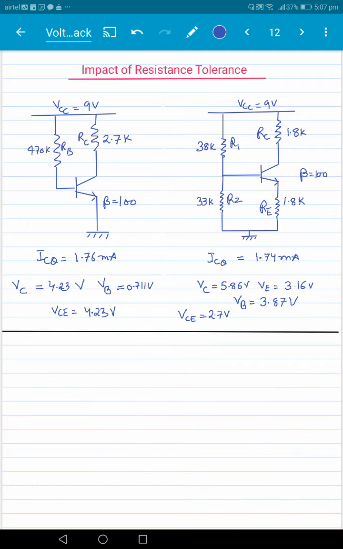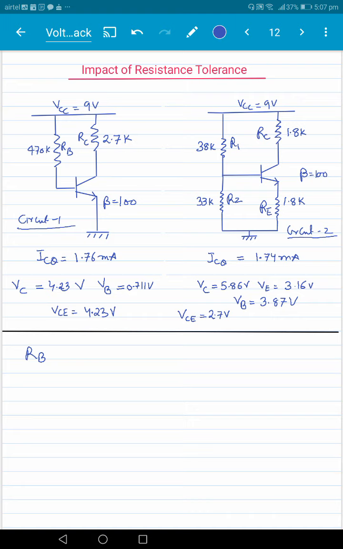So for example, if we look at both the circuits that are there before us, let's call this circuit 1, and let's call this circuit 2. Okay. So circuit number 1, for example, the base resistance.